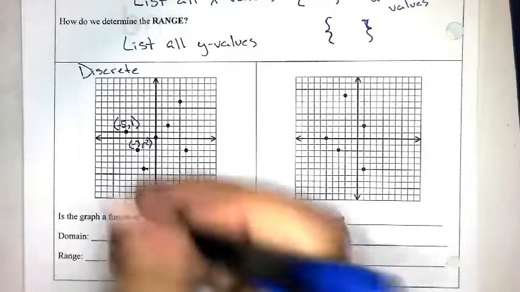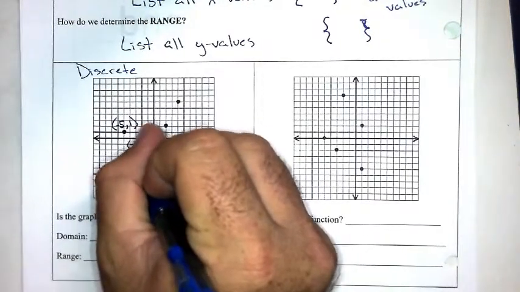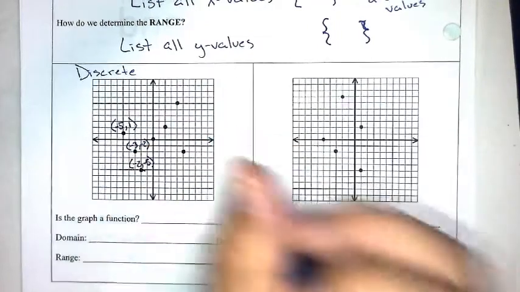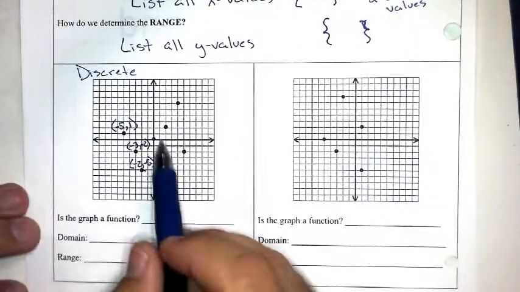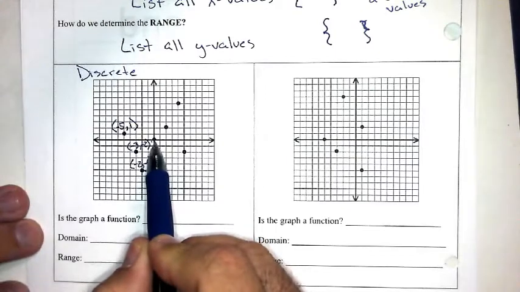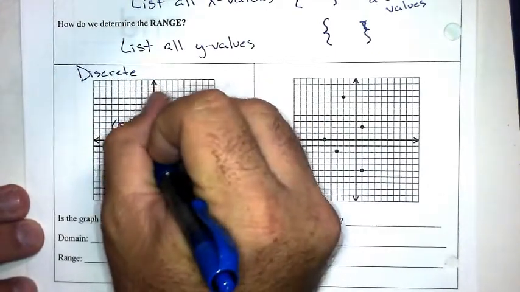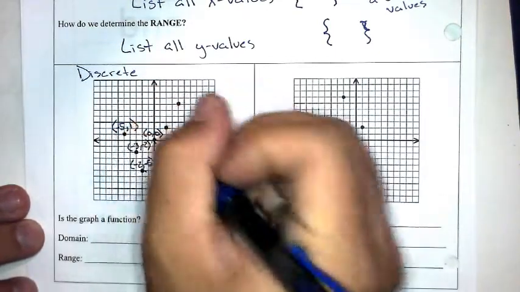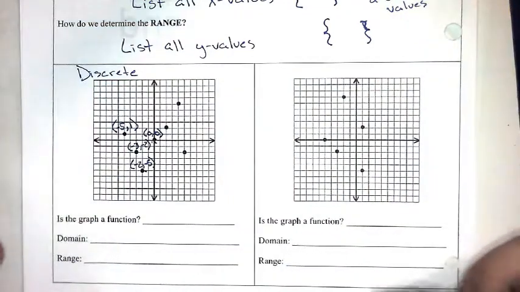Perfect. Checkers. Yes. What's another name for 0, 0? Boom. Love it. Okay.